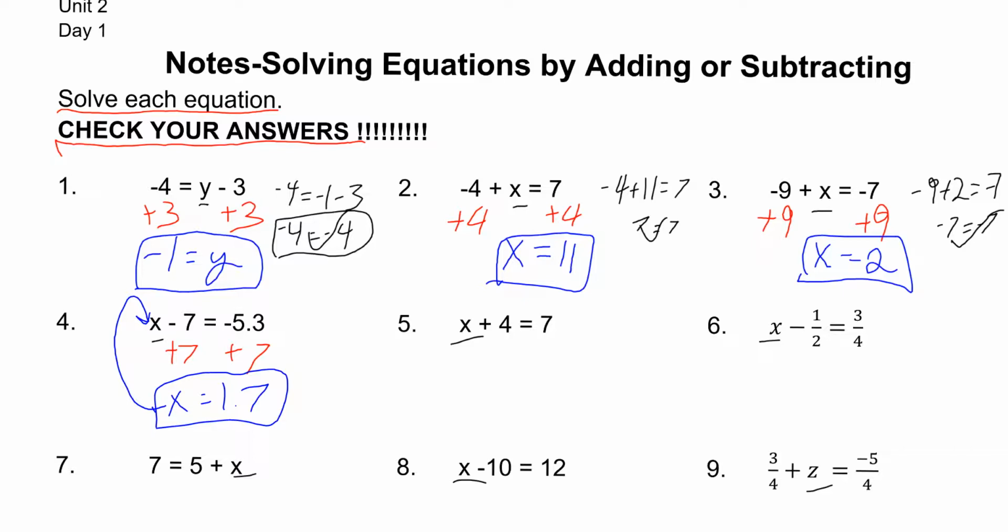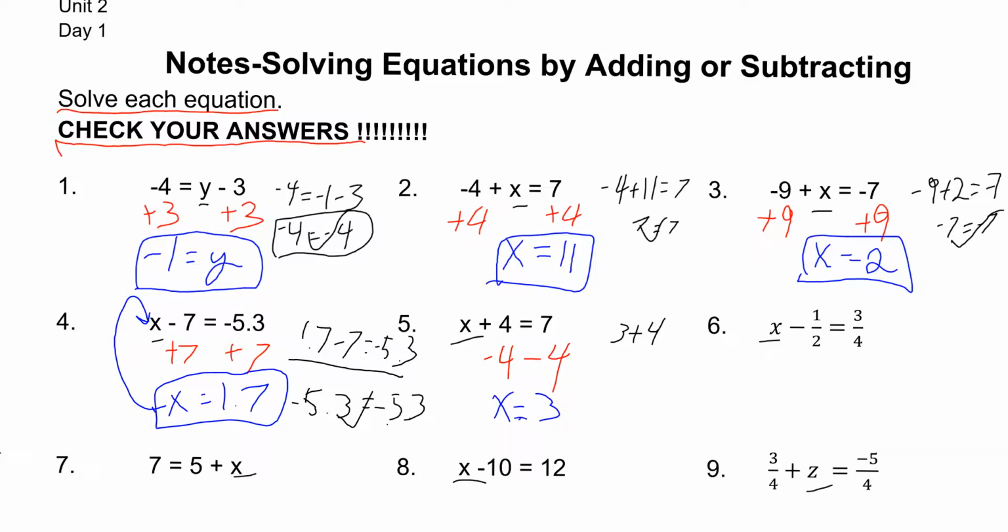When we do that, we get 1.7 minus 7, that equals negative 5.3, and that does in fact equal negative 5.3. It's just a good way to check your answers. Next thing, minus 4. x equals 3. Then we go 3 plus 4 equals 7. 3 plus 4 is indeed 7.